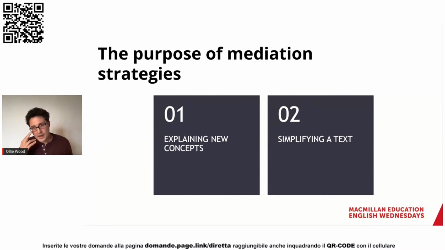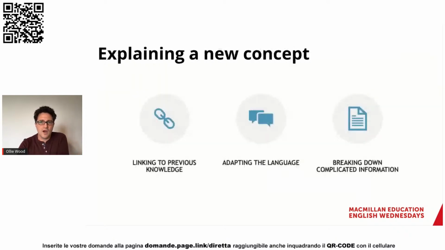Just now, I briefly described the big strategies, those 5 strategies that I went through. However, we can and probably should break these down further. Among the strategies to explain a new concept, we find linking to previous knowledge, adapting the language, and breaking down complicated information.